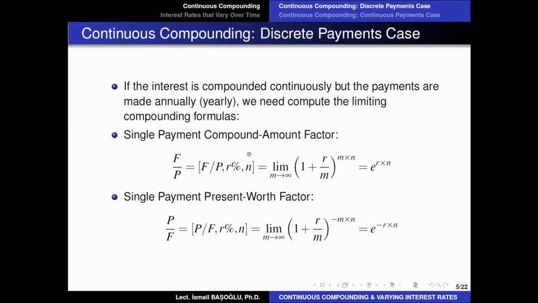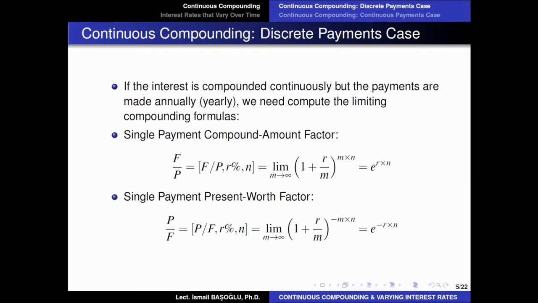Under continuous compounding, the compound amount factors are formulated differently. Therefore, in order to distinguish the problem with respect to its discreteness or continuousness, we are going to define the extended notation of continuous compounding compound amount factors with square brackets. So this is a new thing.